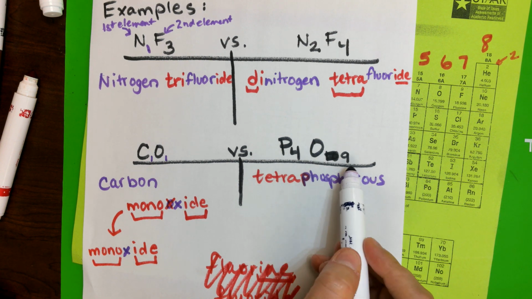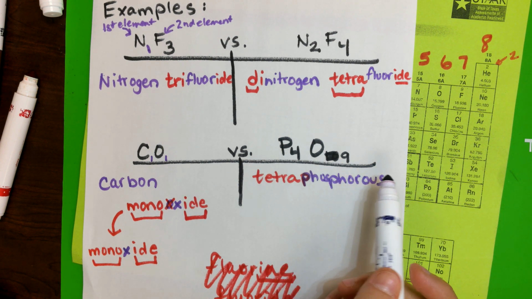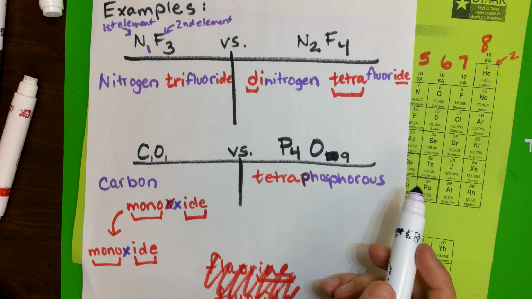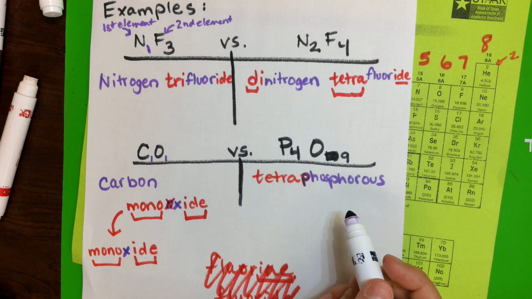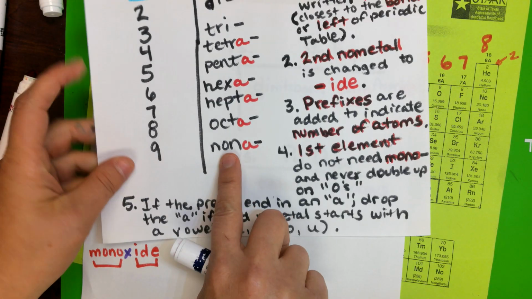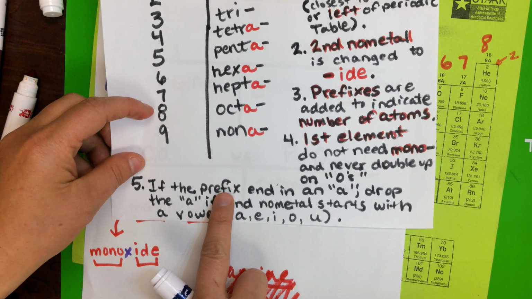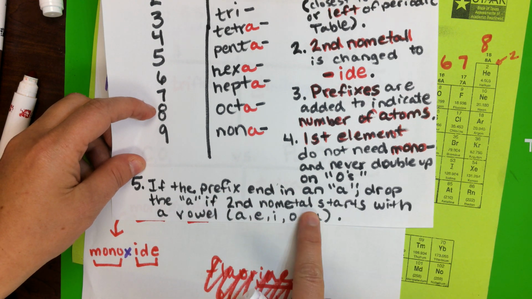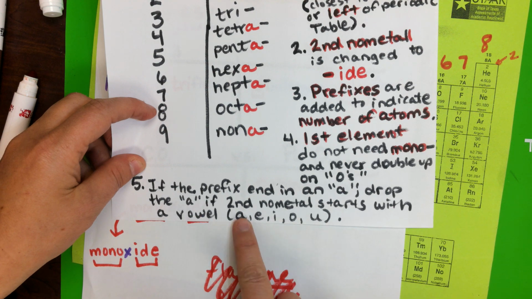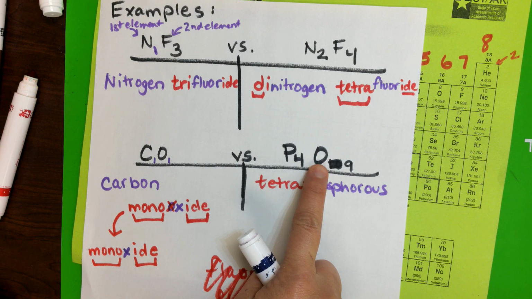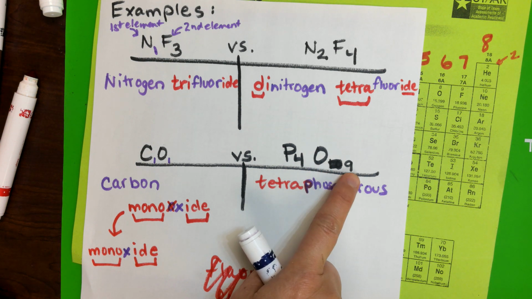Okay, so this one will be... Now if the prefix ends in an A, like the 9 has an A, if the prefix ends in an A, drop the A if the second nonmetal starts with a vowel. Since oxygen starts with an O, you're going to have to drop the A from the 9, from the nona.